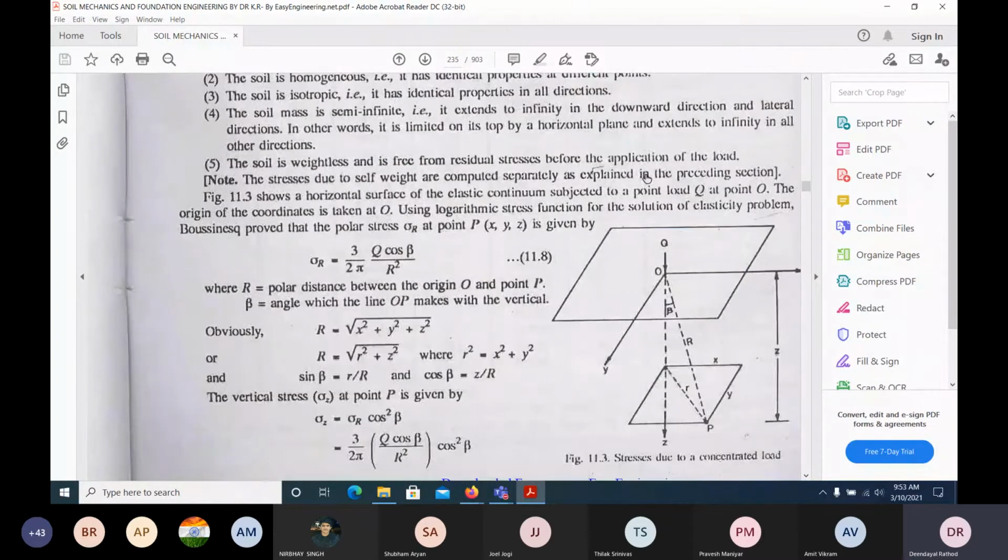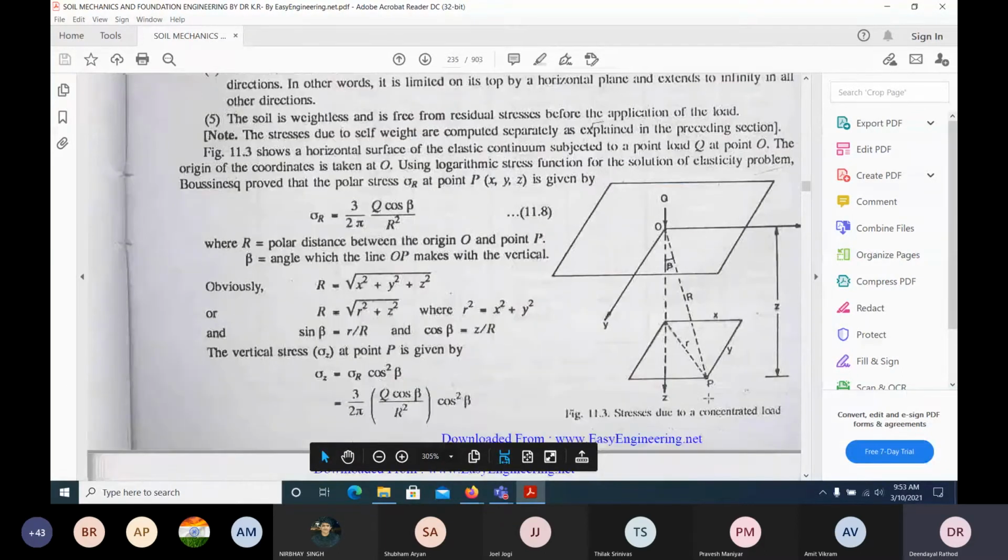In a similar way, we will try to apply a concentrated load. Here I'm applying, this is the plane, this is the ground, a concentrated load Q, at a depth z. I'm assuming one point P, not exactly below Q. Exactly below will be obtained when r becomes 0.